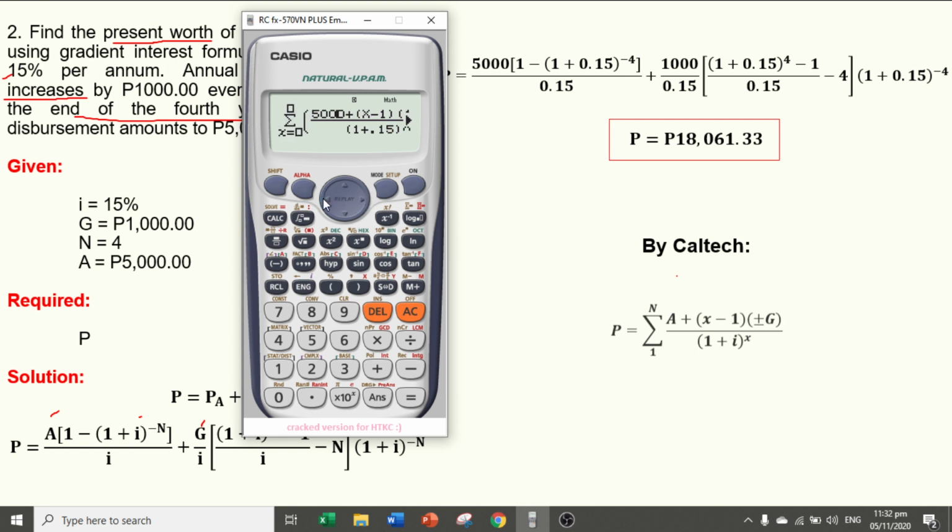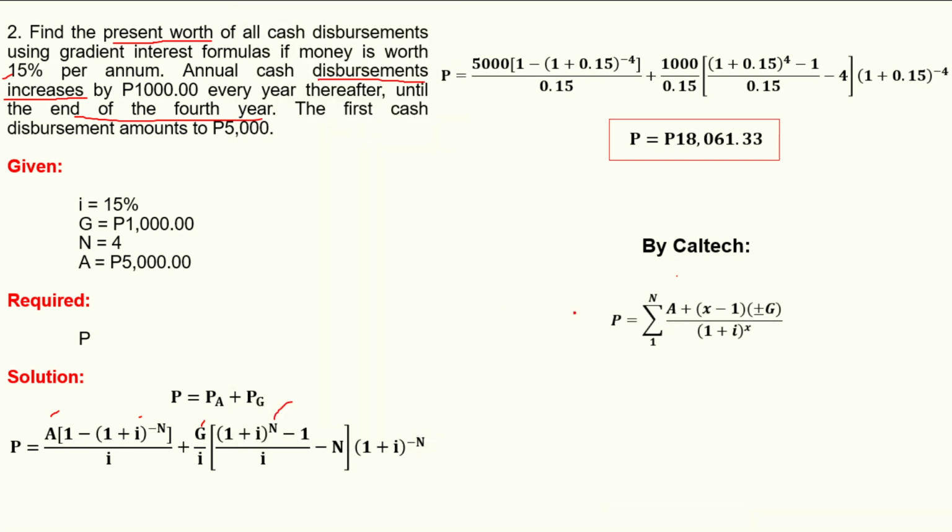Yung N natin ay 4, yung X natin ay 1, so 1 from year 1 to 4. So, same lang sila. Ang kagandahan sa Caltech, mas maikli ang solution. You don't need to solve sa isa pa, medyo mahaba. Okay? So, pwedeng long method, pwedeng Caltech.